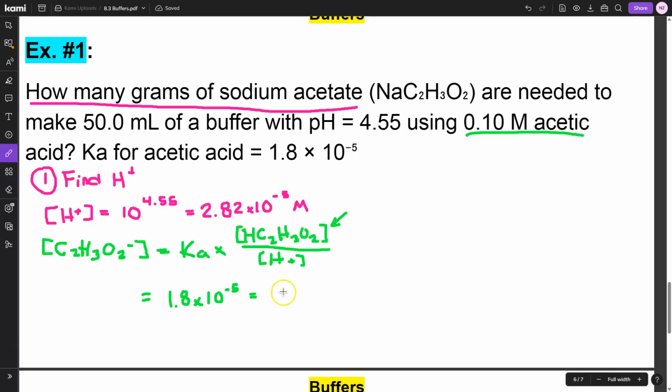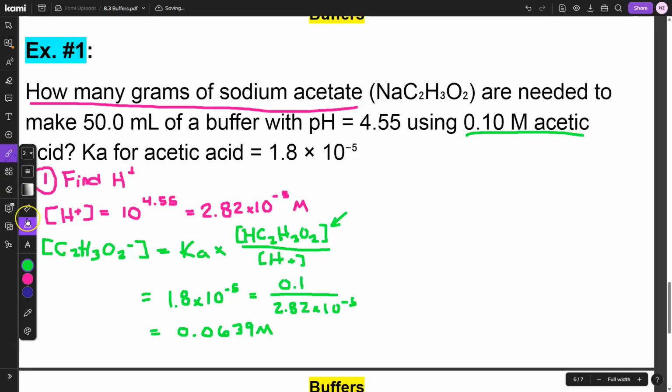And our acetic acid is 0.1 molar. H+ we found previously, so that is just going to be 2.82 times 10 to the negative 5 molar. Okay, if I plug this into my calculator, I get 0.0639 molar.